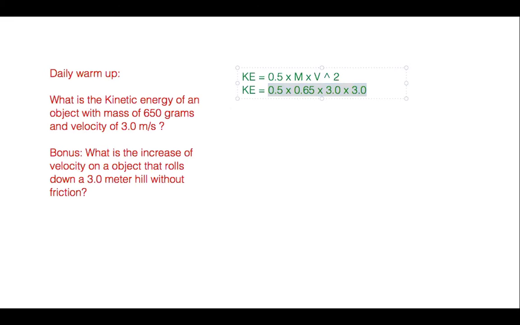Okay, so we put this in our calculators, and indeed, as Adrian said, you get 2.9 units of energy, 2.925. Now, the last two steps are always rounding and units. Again, Adrian got this one right.